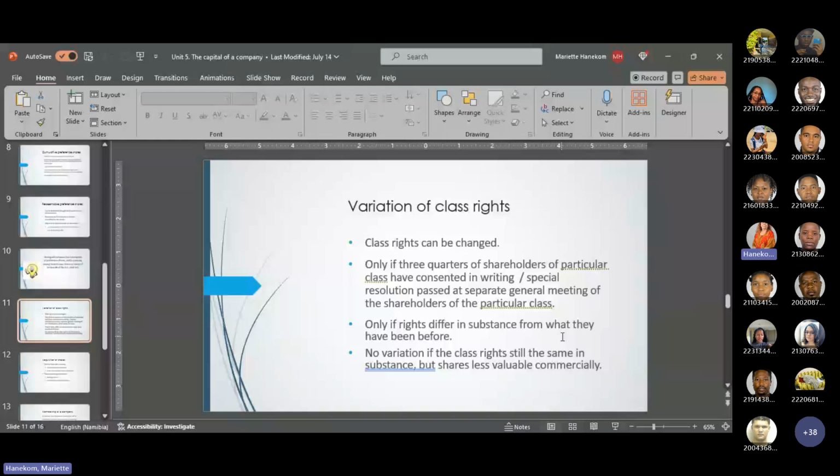If it affects only a particular class of shares, then it is a class right. But if it affects the entire company, so all the shares, irrespective of the class, are going to be less valuable, then it is not a class right. So make a note of this. I won't assess you on this directly. I'm not going to ask you to discuss it, but you have to develop a feeling, so to speak, for whether class rights are being affected or not.